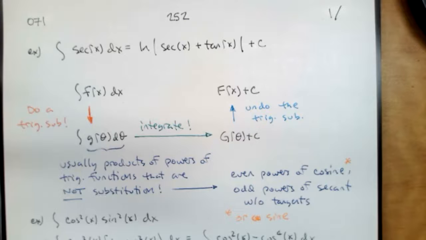So to that end, we needed to figure out which products of powers of trig functions were not substitutions. And that was even powers of cosine or sine, or odd powers of secant without tangents. Those are the two cases of products of powers of trig functions that are not substitutions.